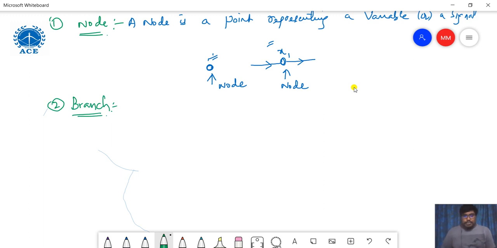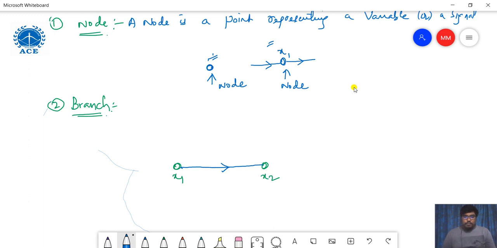A branch is a directed line segment which joins two nodes, simply like this. I have a node x1, and say I am naming another node x2, for example. This is the branch which joins two nodes.